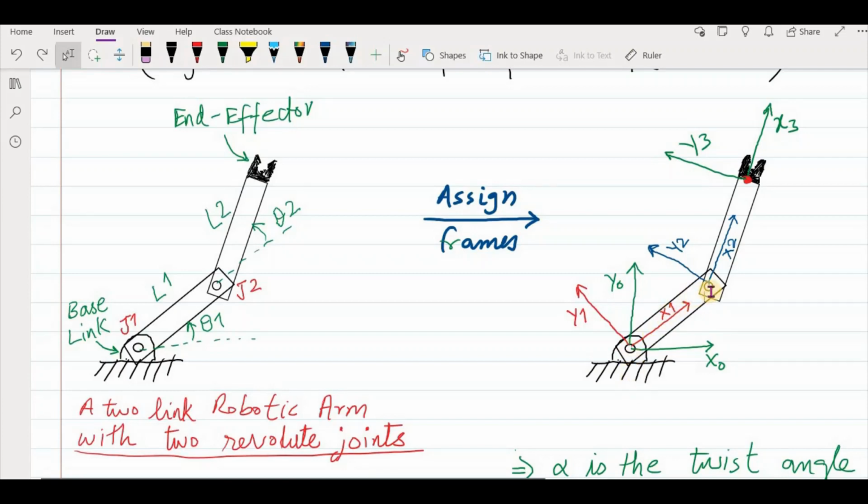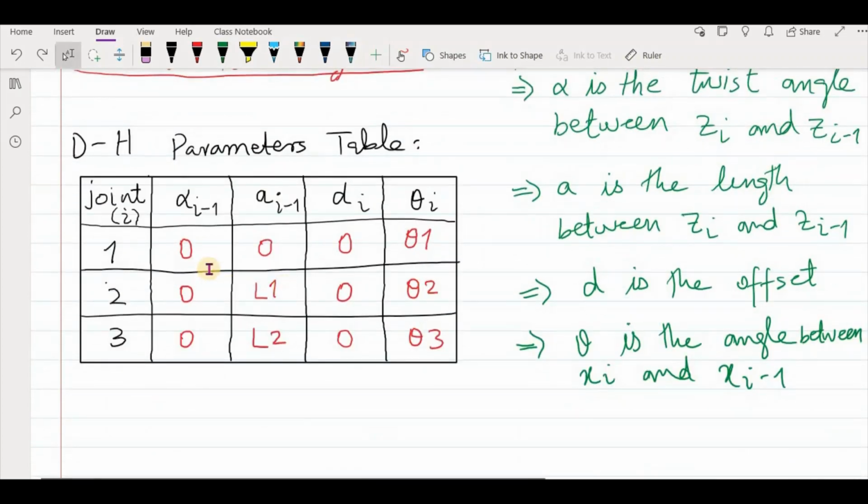So the distance between z2 and z1 is equal to L1, this is your A. So we put for frame 2, the link length is L1.